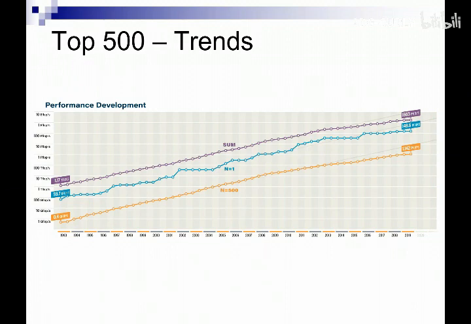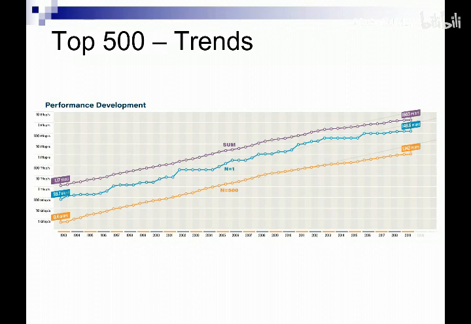The orange or yellow line below that is actually the performance of the slowest computer in the Top 500 list. Since we have 500 computers in the list, it's the 500th fastest computer. You can see that for last year, this computer only did about 1 petaflop, which is about 150 times slower than the fastest computer on the list.